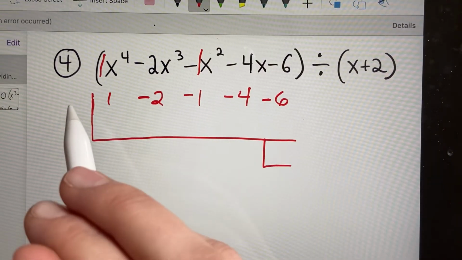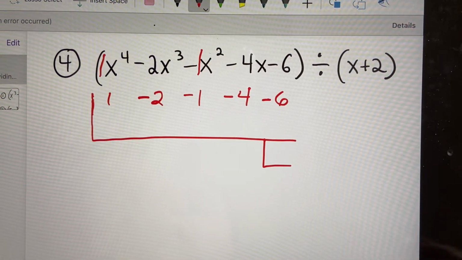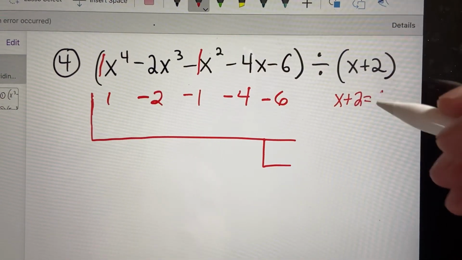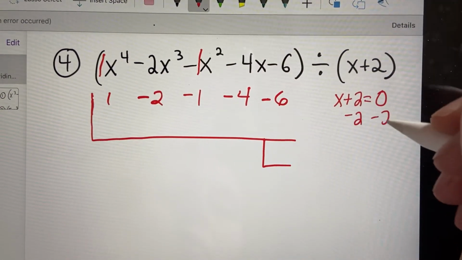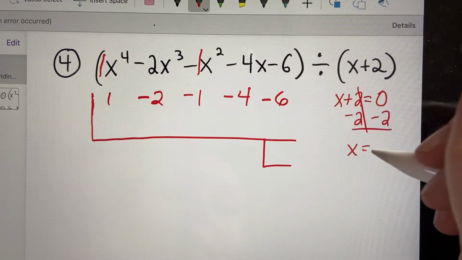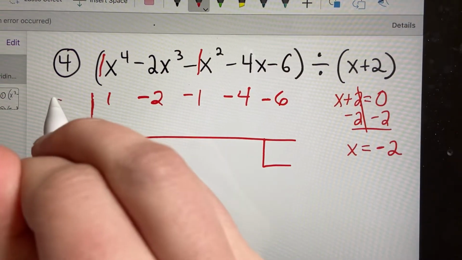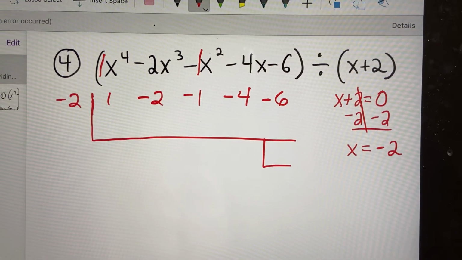Then to figure out what we're going to put on the outside, the number that you're going to be multiplying by every time, we'll take x plus 2, set that equal to 0, subtract 2 from both sides, and that makes it x equals negative 2. So that means I'll put a negative 2 on the outside of this box.